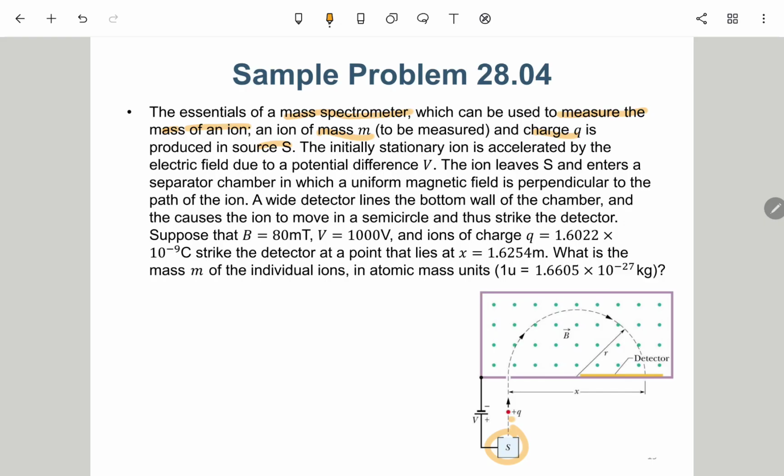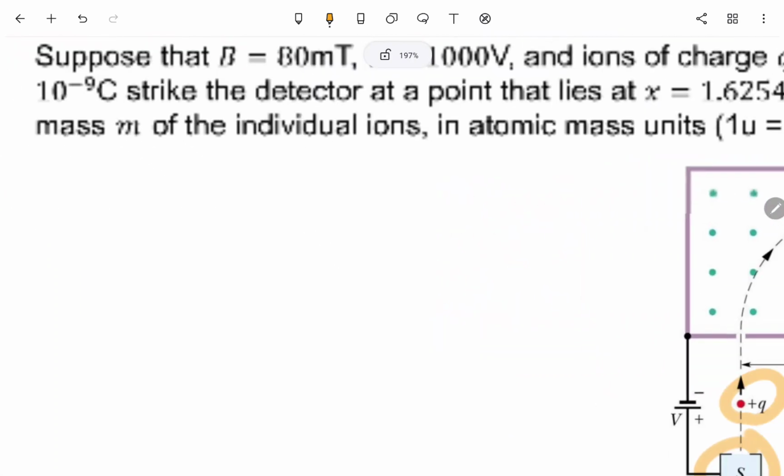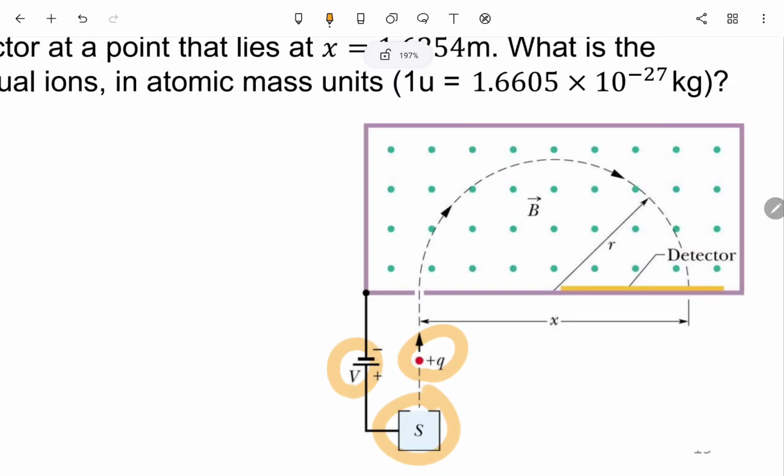Here we assume the ion is positively charged, and it will be accelerated by this potential. We assume that here the potential energy U is 0.